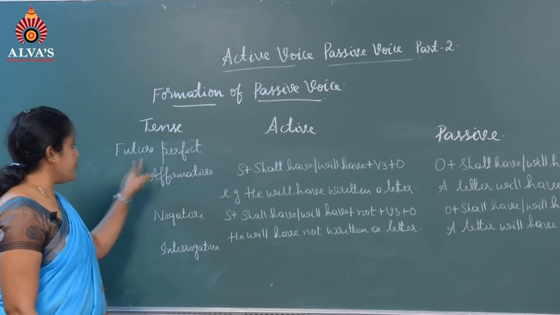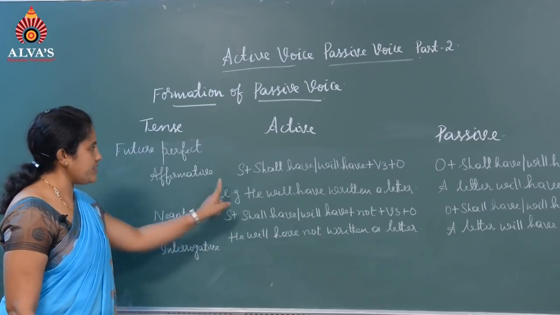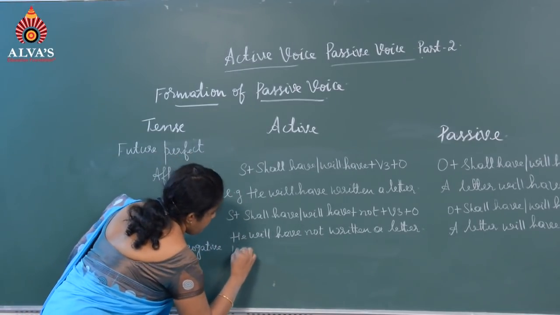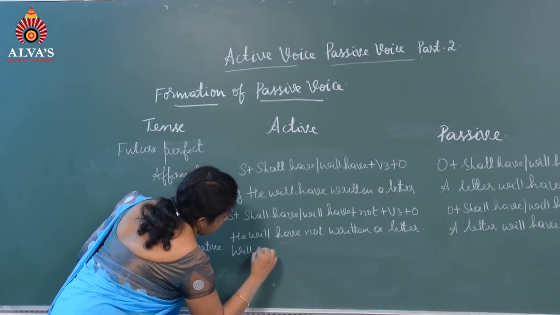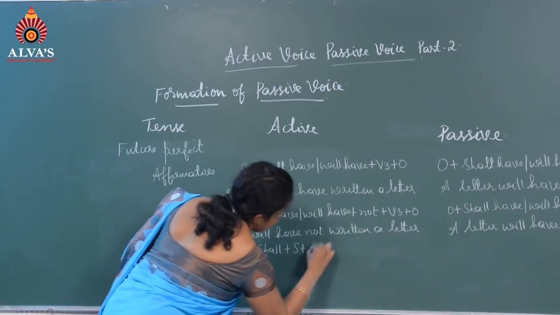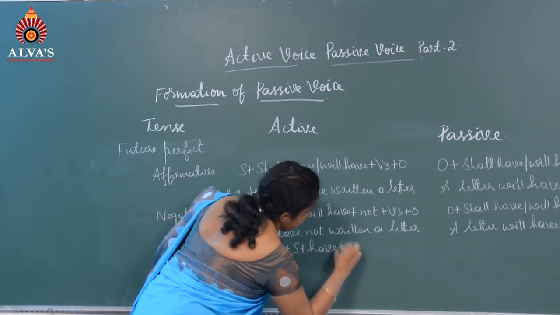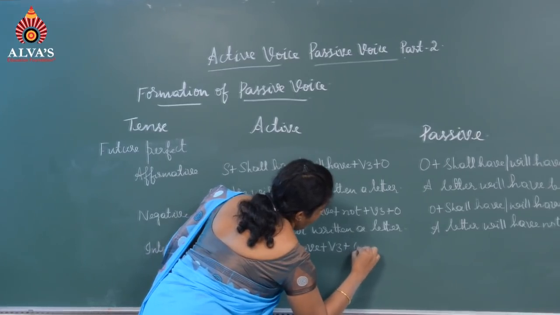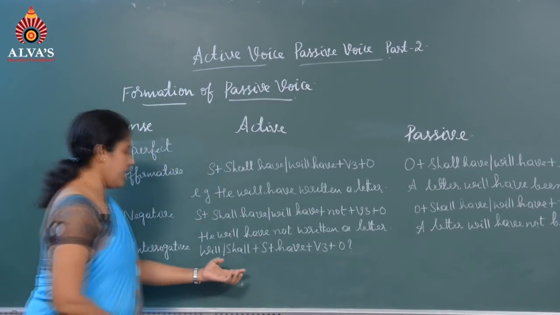Here, let us see future perfect interrogative sentence. Active voice formula is will or shall plus subject plus have plus V3 form plus object. There should be a question mark here.